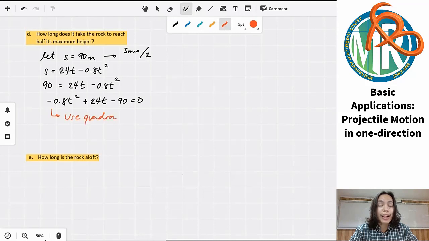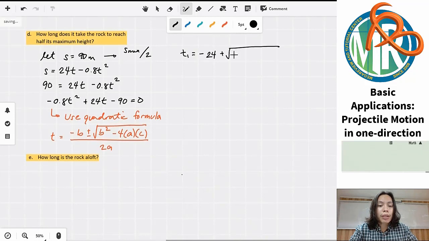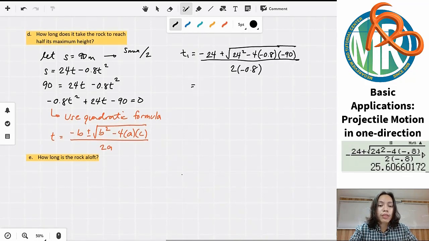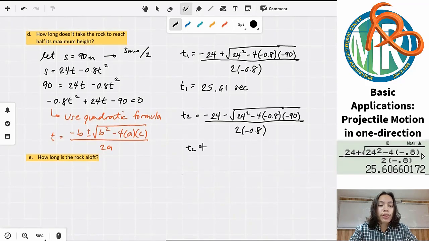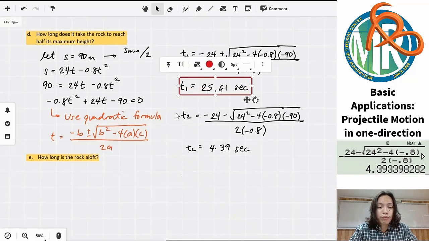Since this is a quadratic equation, there are two values of time that may be calculated using the quadratic formula. These are 4.39 seconds and 25.61 seconds. Notice that there are two values of time since there are two roots for this equation.